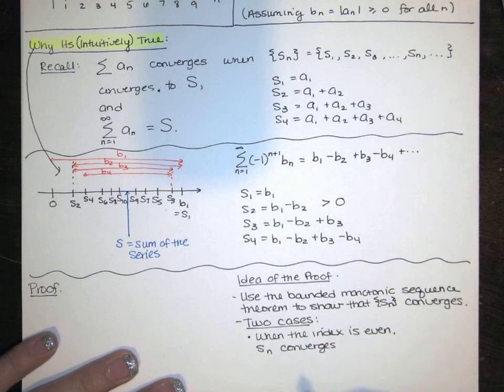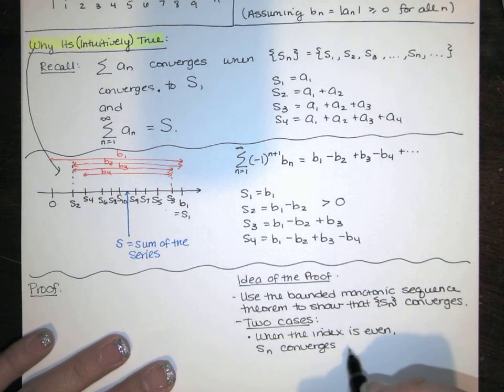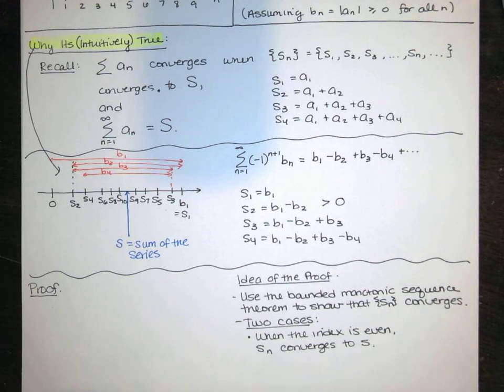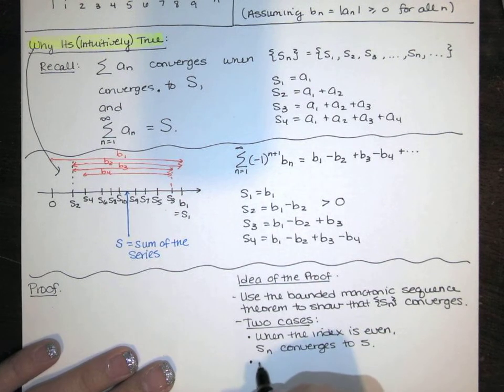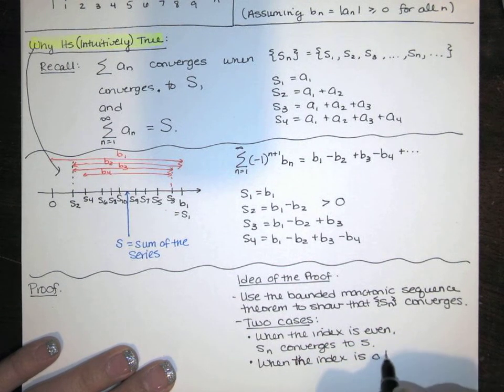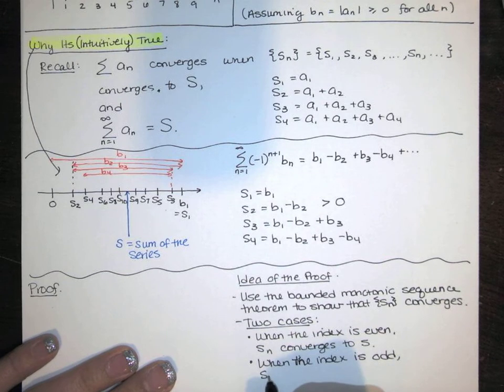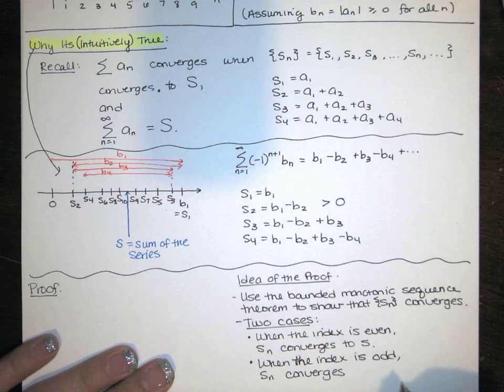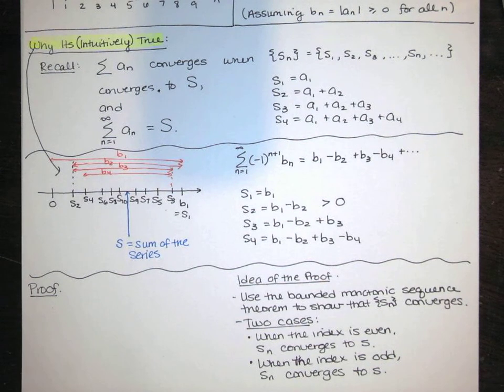And then we're going to use the fact that the sequence of partial sums converges when the index is even to prove that the sequence of partial sums converges when the index is odd, and we're going to show that those converge to the same value. Okay, so that's the plan.